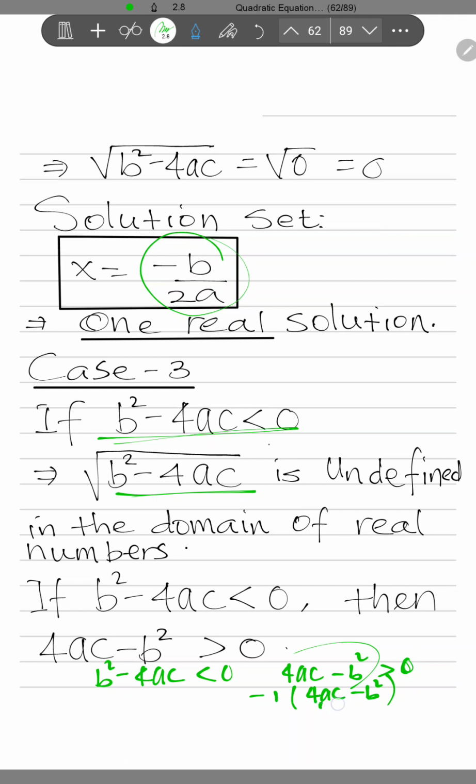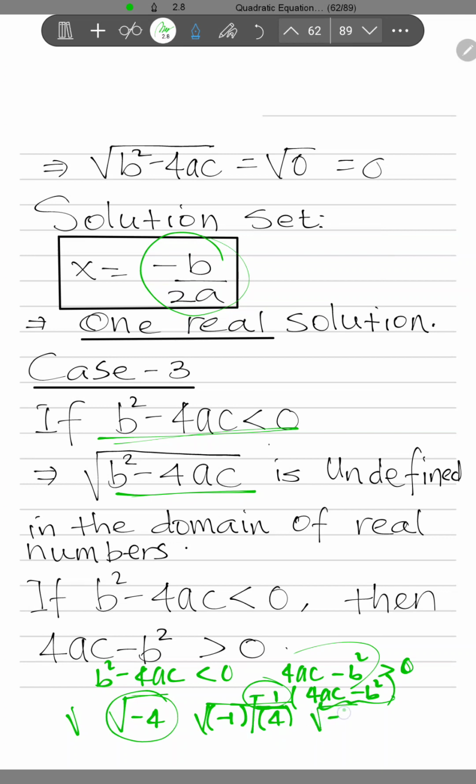This is positive. So minus 1 can be treated as a separate number. For example, if we have minus 4 in the complex number world, it means what? The square root of minus 4 is the square root of minus 1 and 4. We just split it into 2.